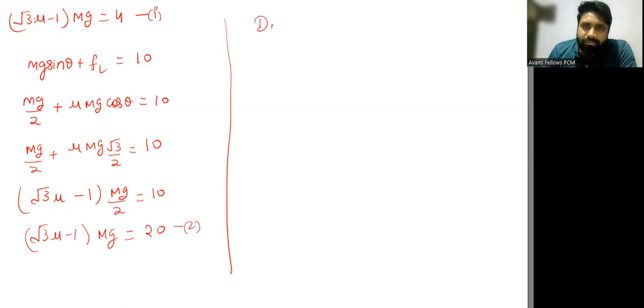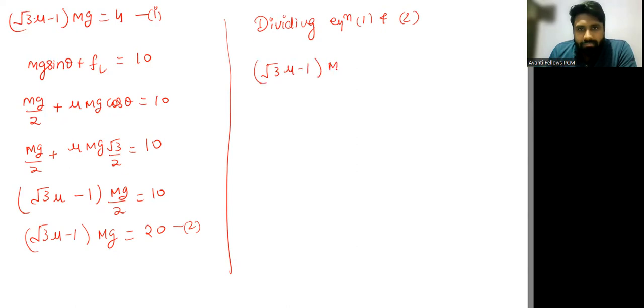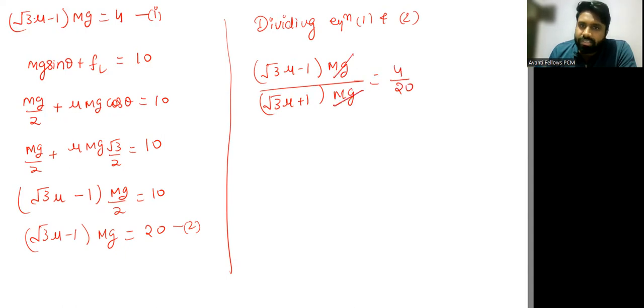Now dividing equation 1 and equation 2: root 3 mu minus 1 mg divided by root 3 mu plus 1 mg is equal to 4 by 20. Mg and mg will cancel out. 4 fives are 20, so it will become 1 by 5.